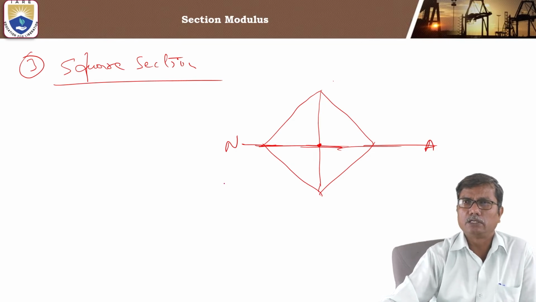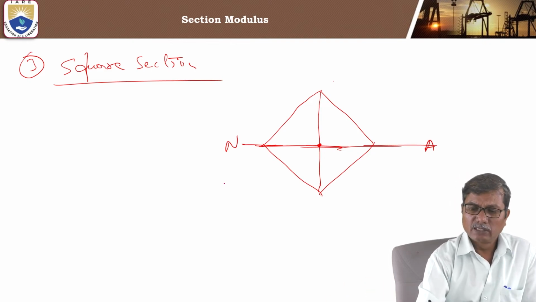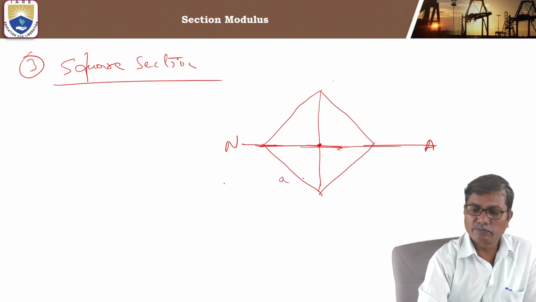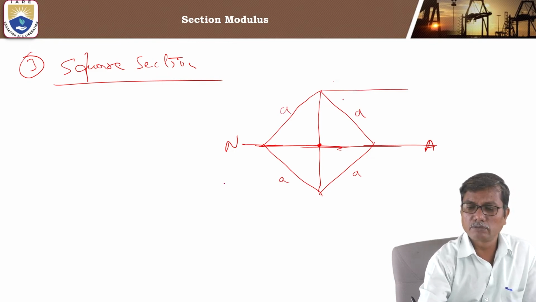It passes through the horizontal diagonal. Now let the side of the square be a. What will be the diagonal length?